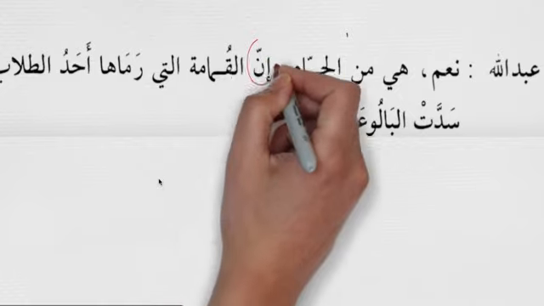Innal qumamata. So we have here inna, so it will have ism and khabar. It's very interesting to see how the things are connected and they come and form a sentence. So inna. So al qumamata forms the ismu inna. Now we are looking for khabar. But if you look at how the sentence continues, innal qumamata allati.